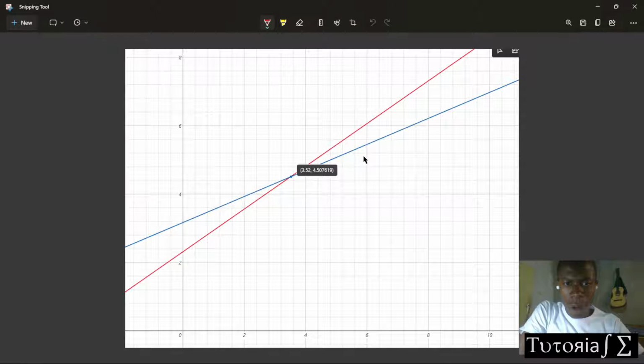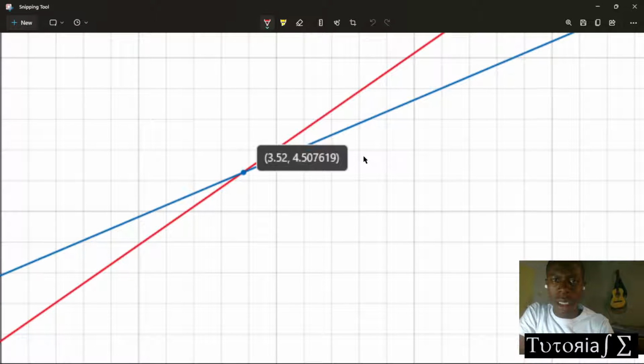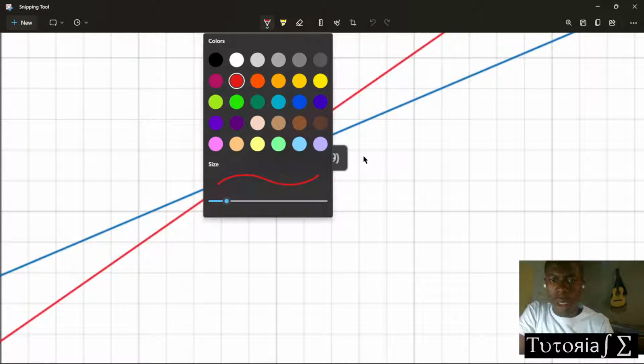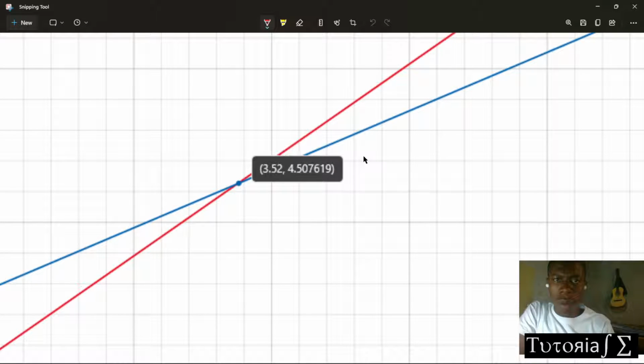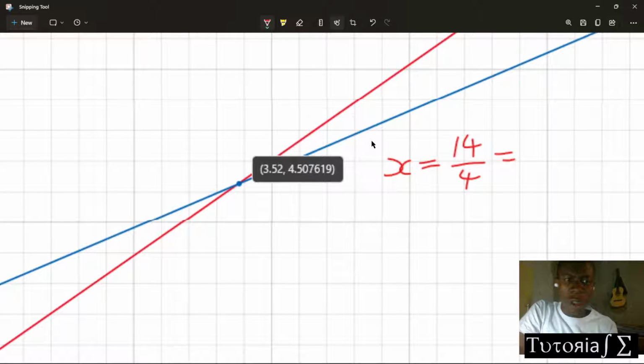You see that we are close. This is where it is going to intersect at 3.5, which is when you check your mean for x. The summation of x was 14 over the total, which is 4, and 14 over 4 will give you 3.5.